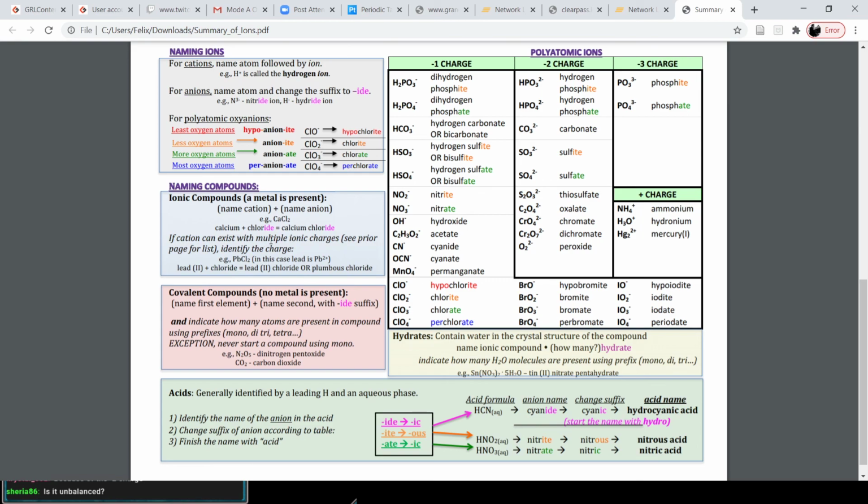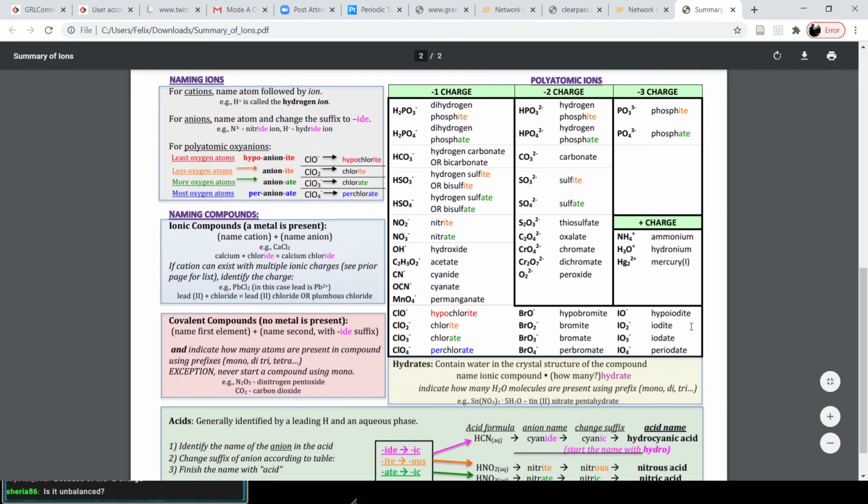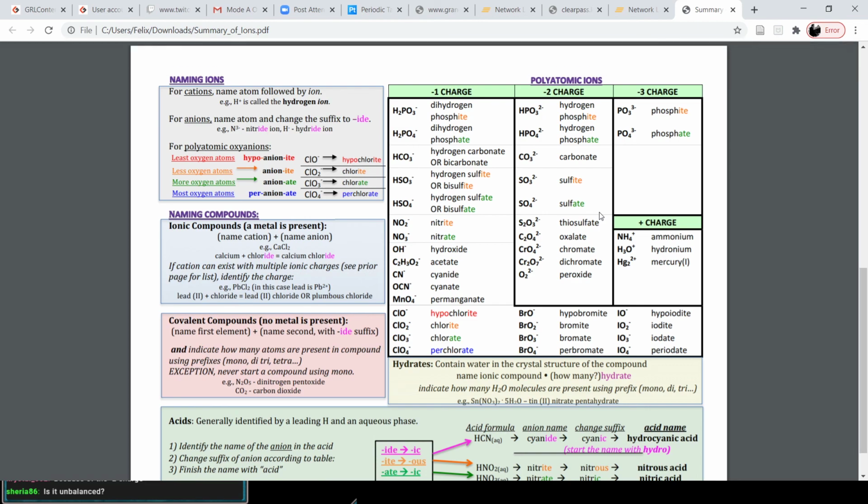And if we have something that has different charges, multiple charges, or variable charges, we must put the Roman numeral to identify that charge. Okay, so that, again, is going to be our handy list. Again, your life will be a lot easier if you either commit this table to memory or make a handy little sign and post it on your wall right next to your computer or something for easy access.